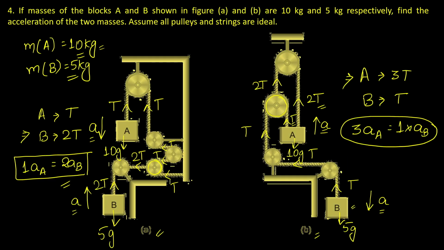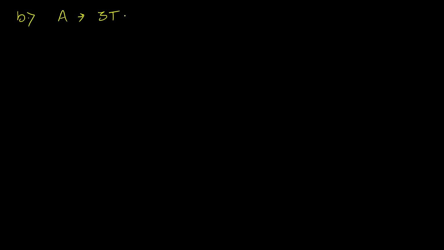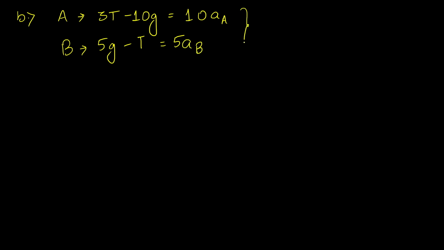Similarly for case B, for A, 3T minus 10g is equal to 10 a_A, and for B, 5g minus T is equal to 5 a_B, and the relationship between a_A and a_B is 3a_A is equal to a_B.